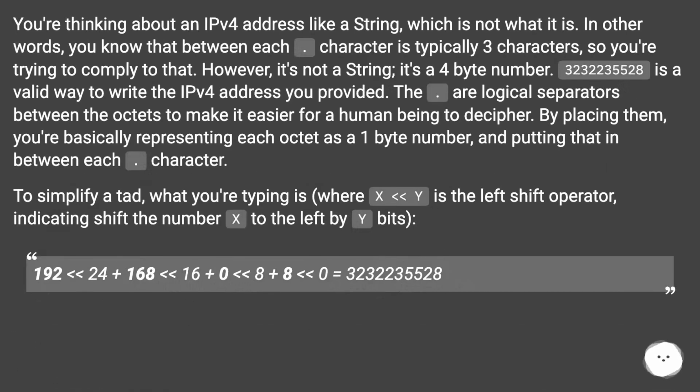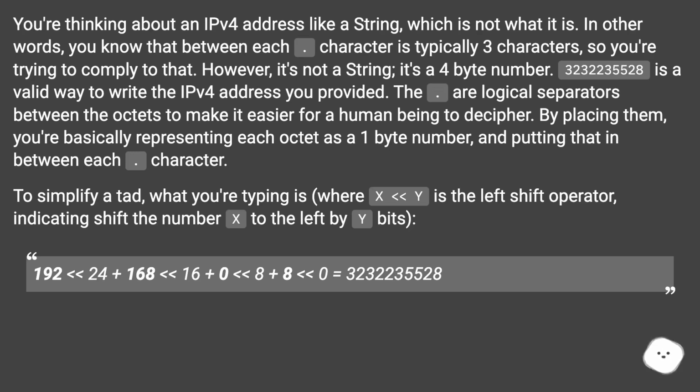You're thinking about an IPv4 address like a string, which is not what it is. In other words, you know that between each dot character is typically 3 characters, so you're trying to comply with that. However, it's not a string, it's a 4-byte number. 3232235528 is a valid way to write the IPv4 address you provided. The dots are logical separators between the octets to make it easier for a human being to decipher.